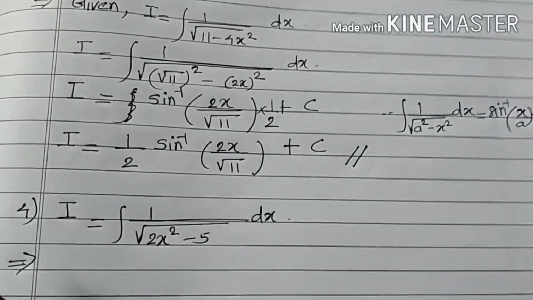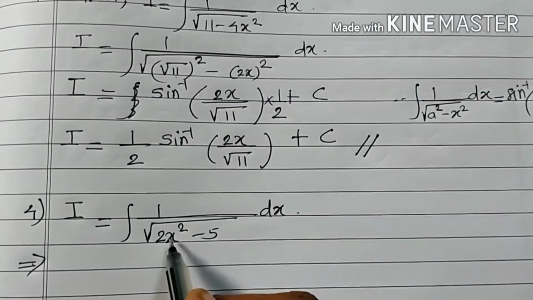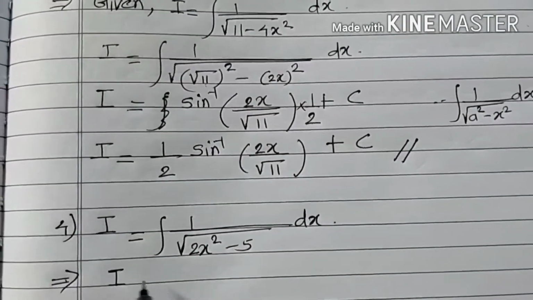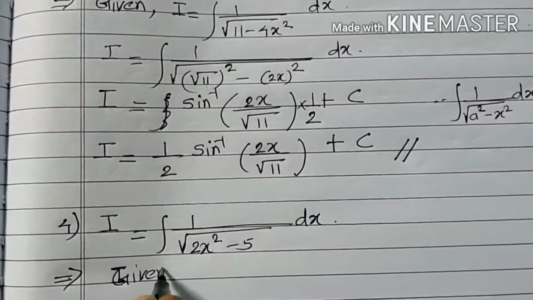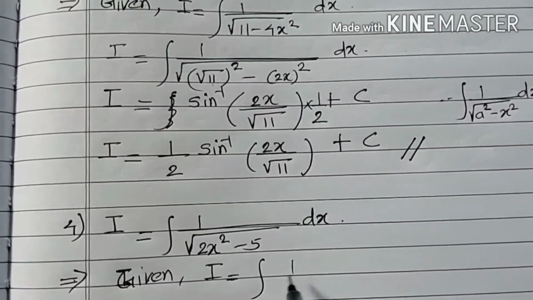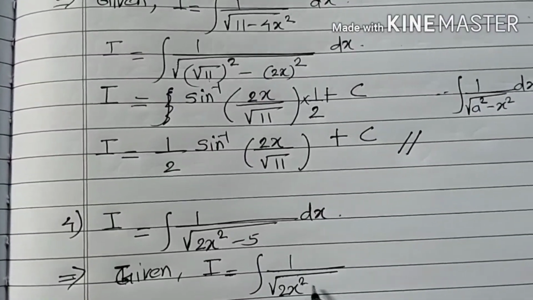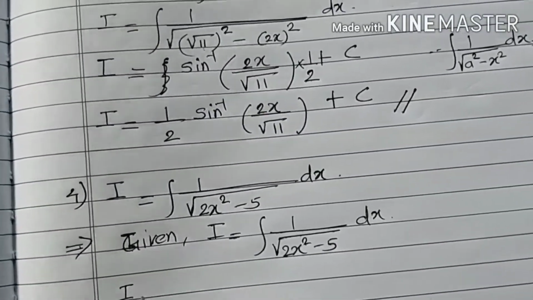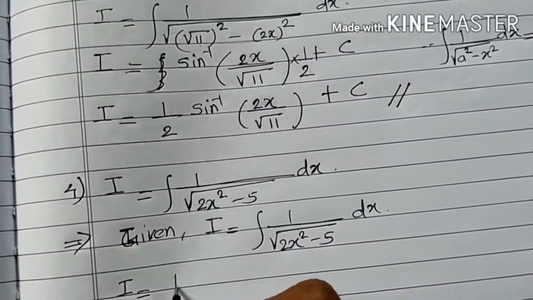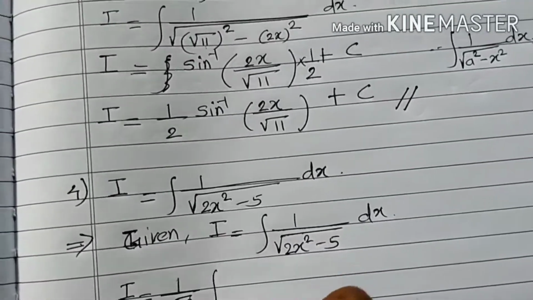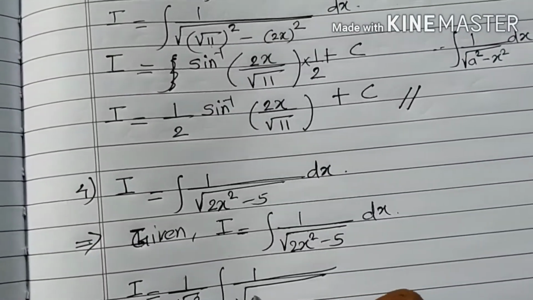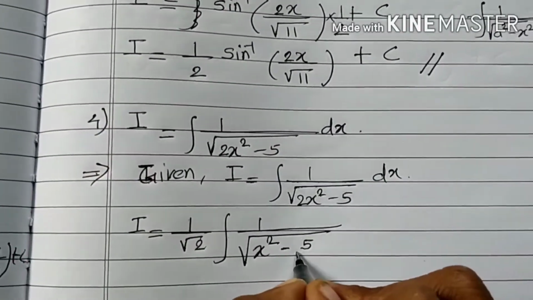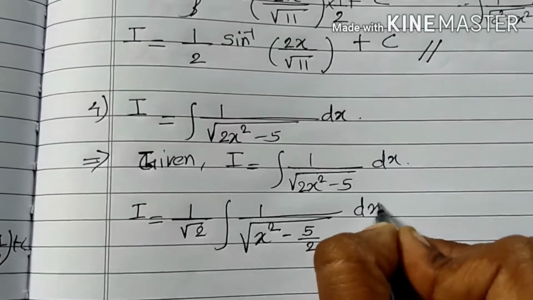Now next example is I is equal to integration of 1 upon under root of 2x square minus 5 dx. So take 2 common. First write the given: I is equal to integration of 1 upon under root of 2x square minus 5 dx. Now take 2 as a common, so we take under root of 2 common, integration of 1 upon x square. Now when we take 2 common, it divides the whole term, that's why 5 upon 2 dx.